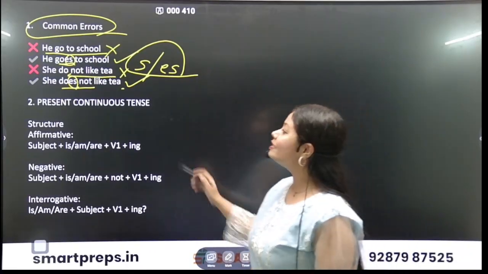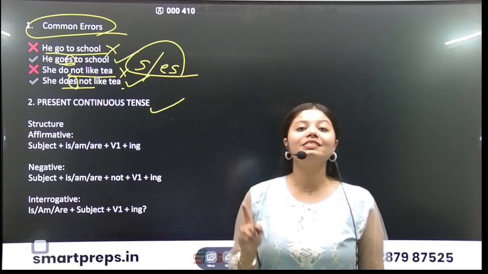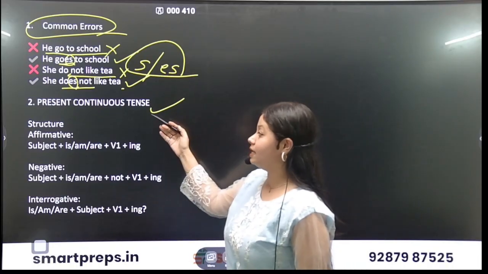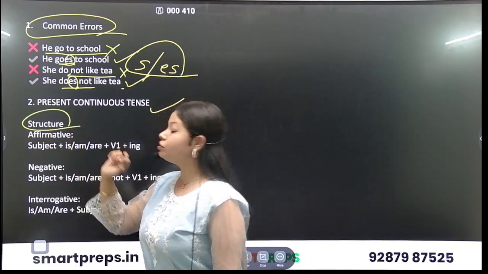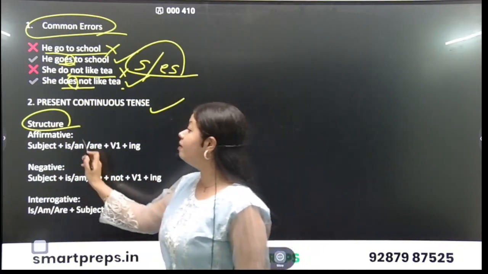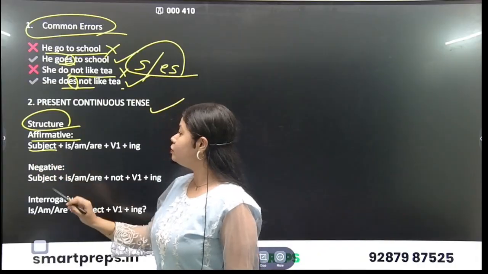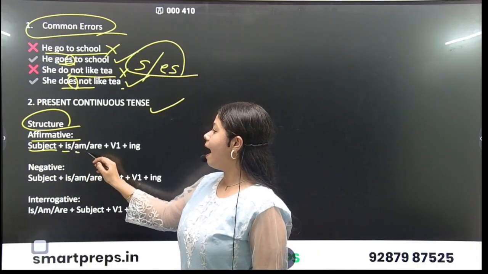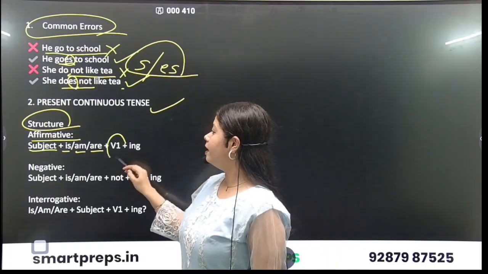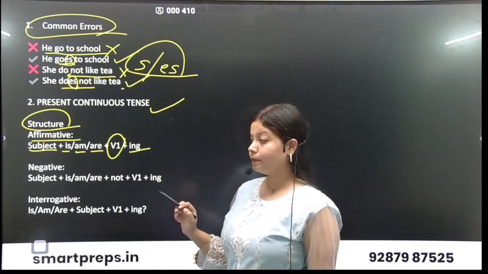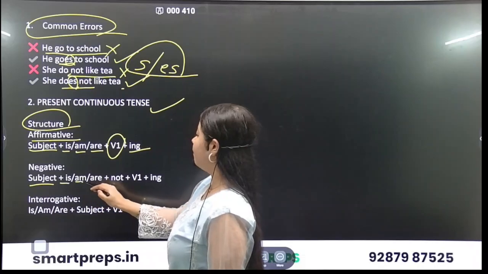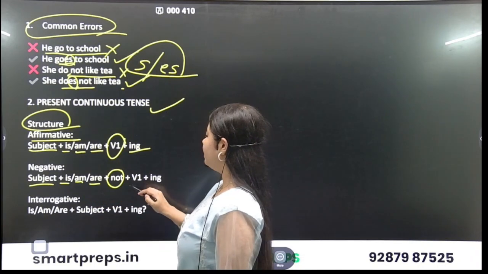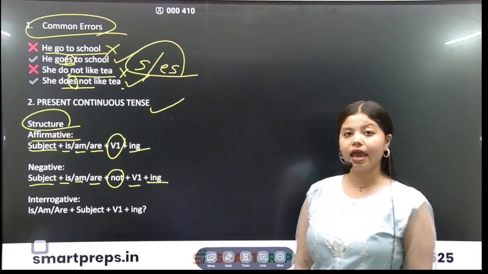Now let's move on to the second type, that is present continuous tense. Let's understand the structure. When the structure is affirmative, it is subject plus is, am, are plus the verb plus ing. Negative is subject plus is, am, are plus not plus the verb plus ing.